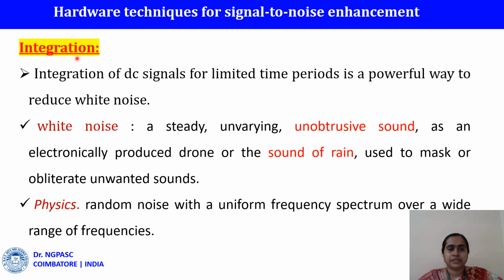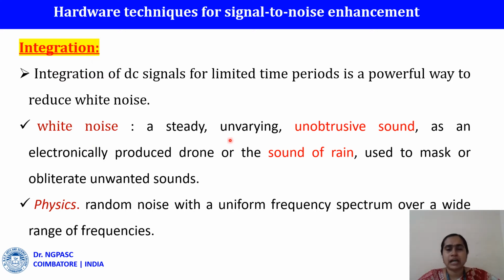Next comes the integration. Integration of DC signals for a limited time period is a powerful way to reduce white noise. You have different types of noise, and to reduce the white noise, you can use this integration method. So what is white noise?